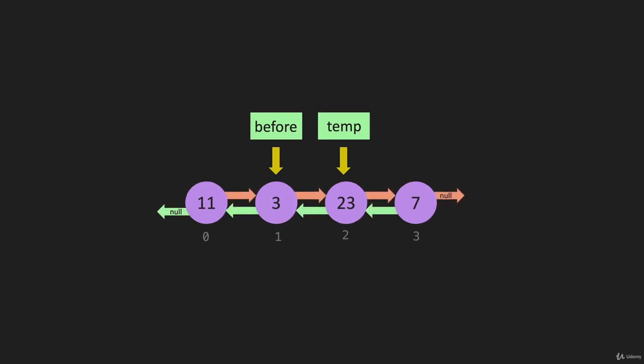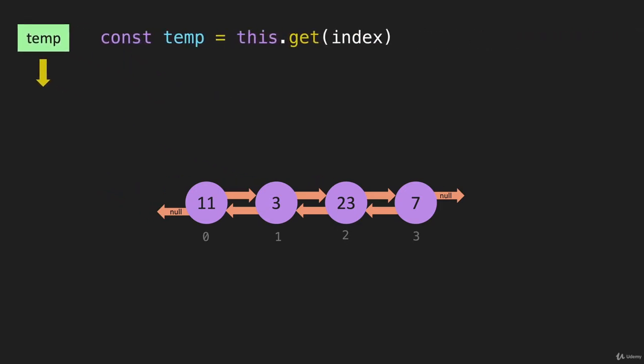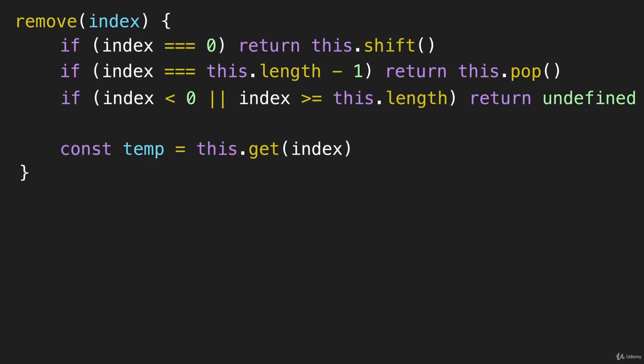But because we have arrows going the other way, we don't need that variable. And I want to show you something a little bit different here with what we can do with these variables. First, we need to declare the variable like this, and we're going to get that variable to the appropriate node using the get method. Let's look at this with the rest of our code like that.